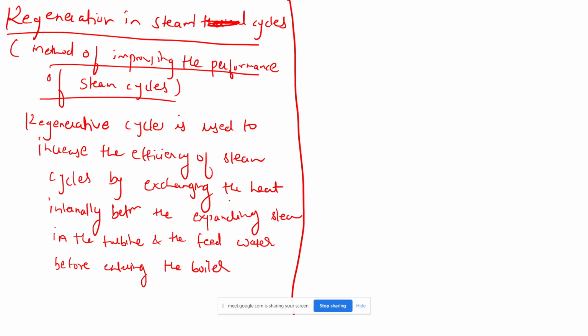So what we are doing, we are extracting some heat. Suppose this is a cycle. Okay. So if the steam is superheated, this is the exact point. Okay. So we'll extract some steam at this point. Okay.